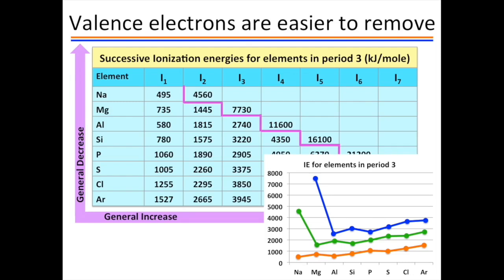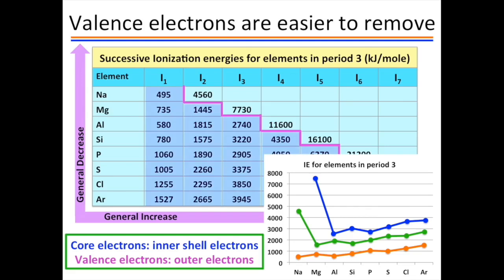To understand this, let's focus on the pink line. There is a big jump between I1 and I2 of sodium, and between I2 and I3 of magnesium. This pink line distinguishes the inner shell electrons, or core electrons, from the outer shell, or valence electrons.